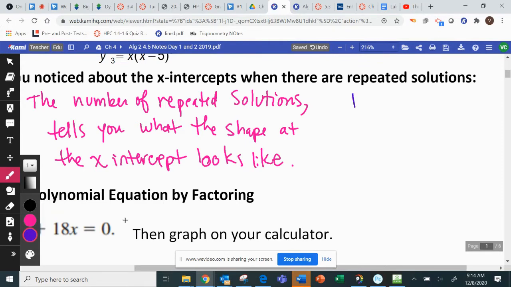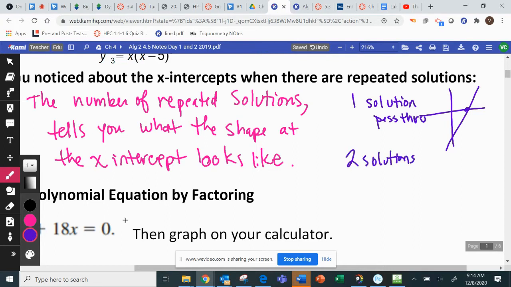If there's one solution, it will pass through. Two solutions, it will make a parabola.